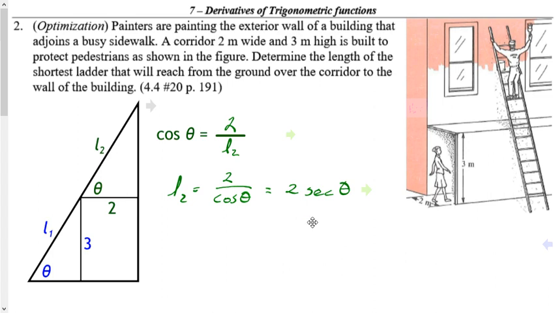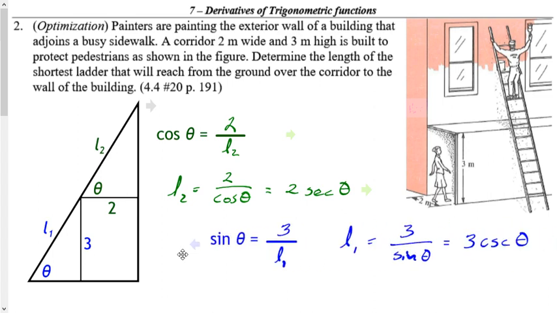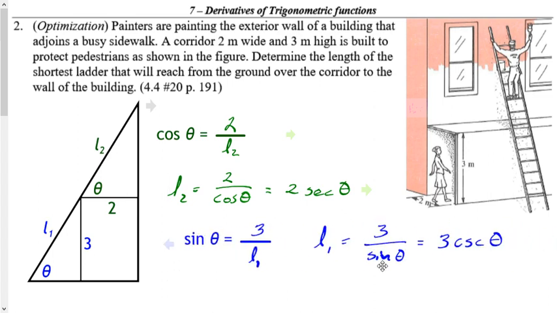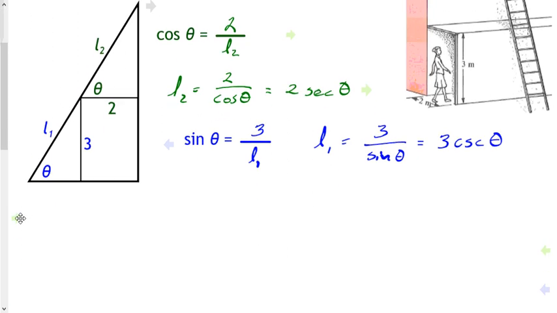And I'll do something similar for this bottom triangle, where I will get L1 is equal to 3 over sine theta, or 3 cosecant theta. So I have an expression for length 1 and for length 2. Our goal is to minimize the sum of those two lengths. So the total length will be length 1 plus length 2. Length 1, 3 cosecant theta. Length 2, 2 secant theta.